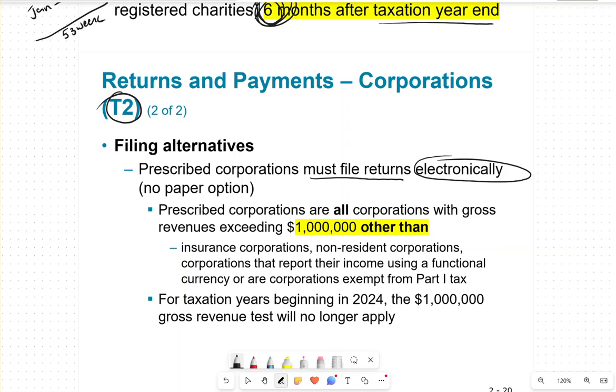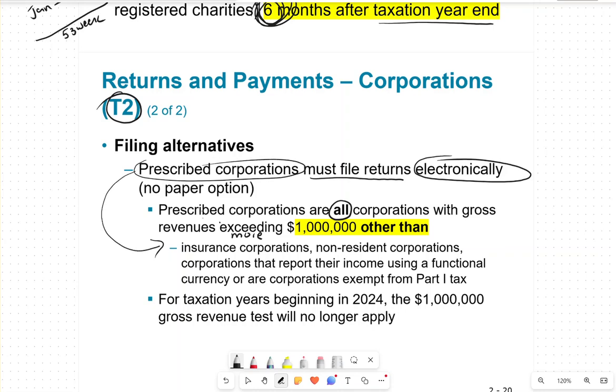And if it's a prescribed corporation, who are they? All corporations, if their revenue is more than 1 million, should file their T2 electronically. Who else are the prescribed corporations?